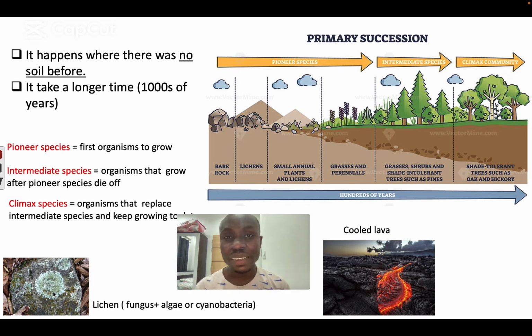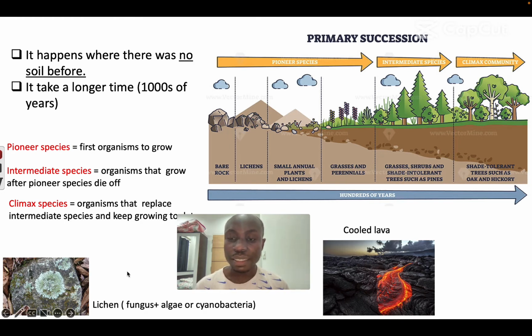These chemicals can break down the rocks into smaller pieces and later form the soil. Now, because we start with no soil, it takes a longer time for the succession to happen, because we first need to form the soil.